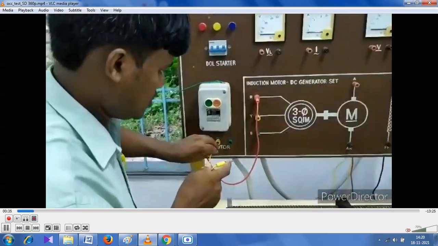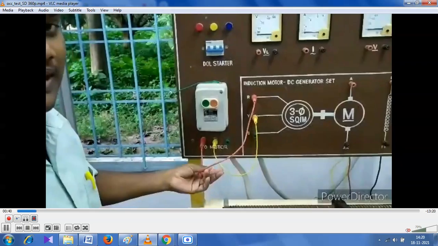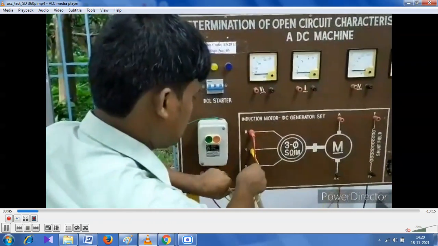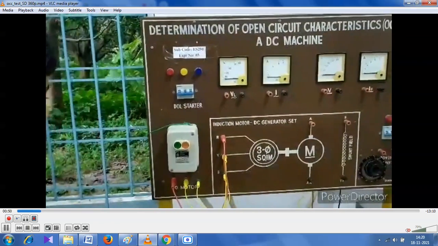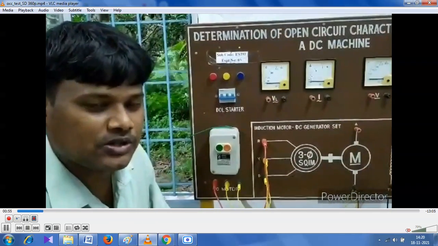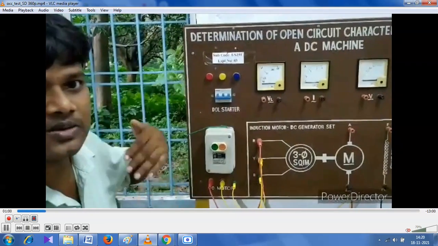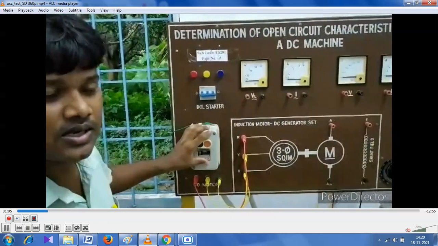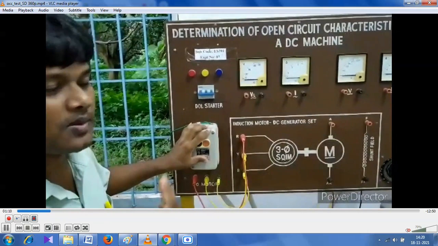From that motor we provide the mechanical energy to the DC generator, and first I make the connection of the induction motor. This is basically a squirrel cage three-phase induction motor, so we have to provide a three-phase supply first, and the induction motor is started by a Dol starter.